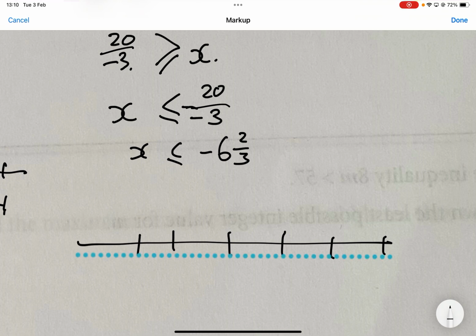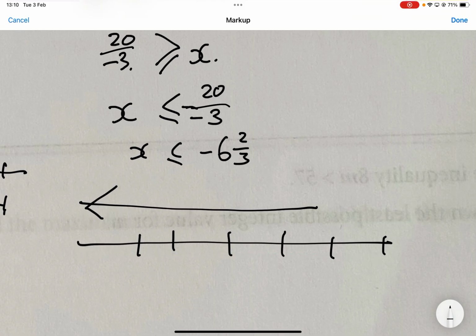My x is smaller than this number. Okay? Smaller. So my arrow must go to the left. It is the same direction as this arrow. Must go to the left. And then I will start at negative 6 and 2/3.